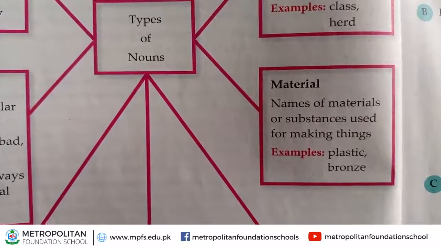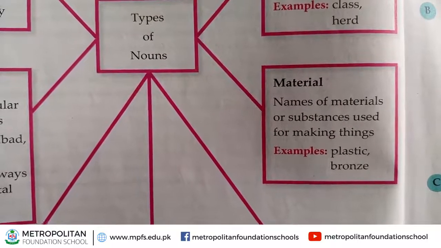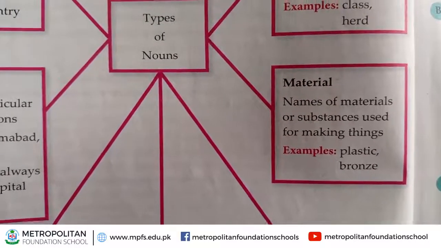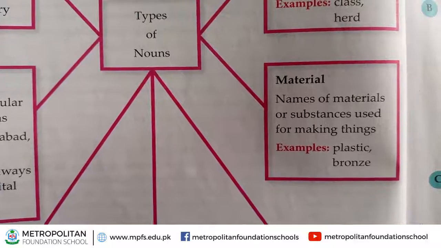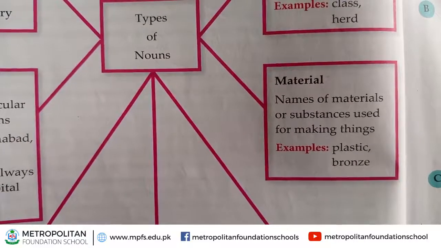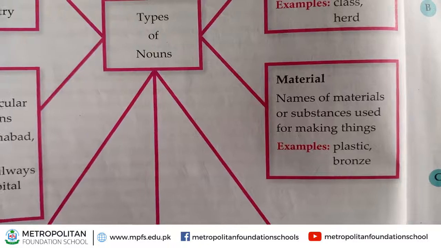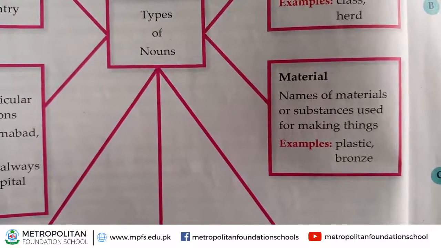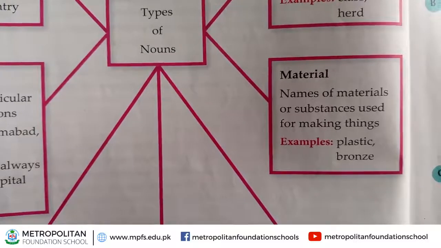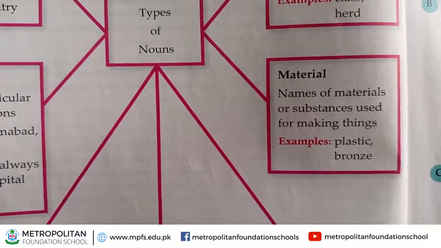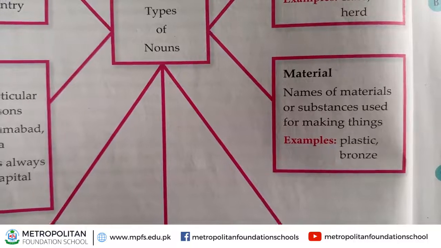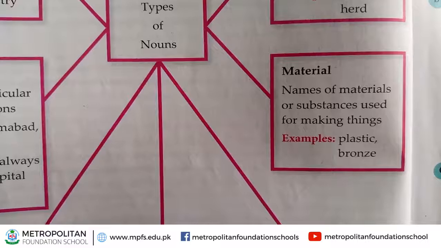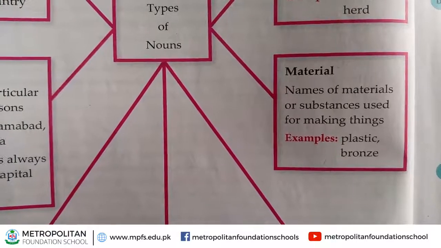That's why it is called a material noun. We can take the example of our chair and desk, because that is also a material noun, since we are using materials in it like wood, nails, glue, and other kinds of different materials. So that's also called a material noun.